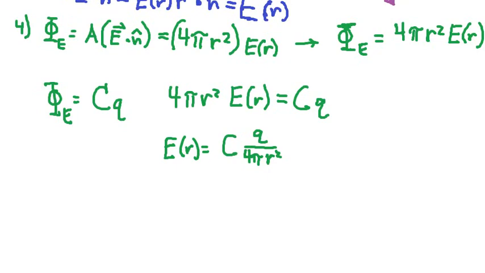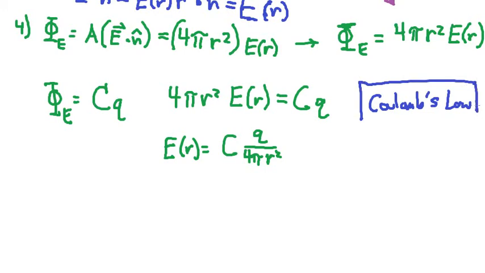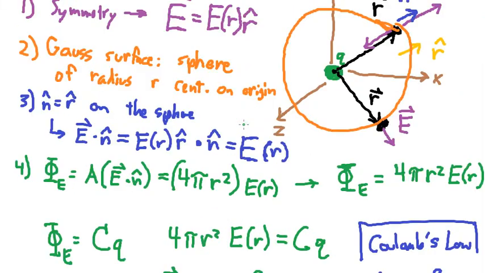Now, remember up here, we had that the electric flux over an entire closed surface was going to be equal to some constant c times the total enclosed charge. Well, here it is. I'm going to copy down what I had before: equals some constant c times our total enclosed charge. In this case, our enclosed charge is just this charge Q up here, so I'm going to put that charge Q in there.